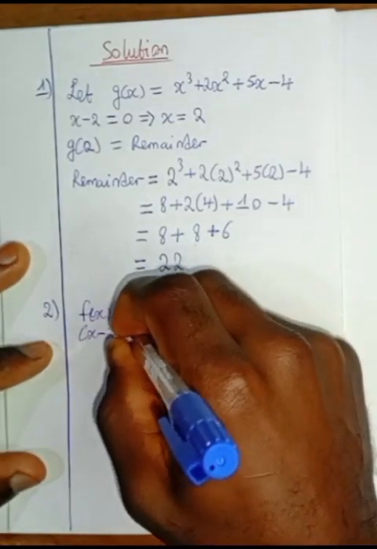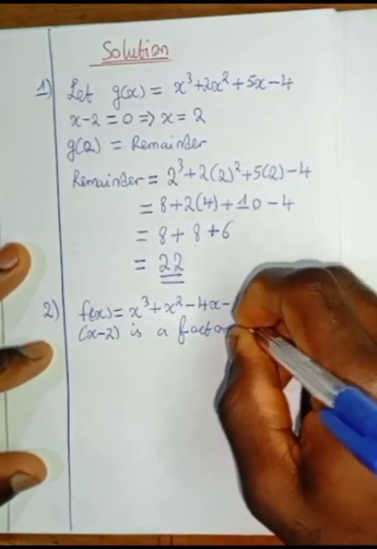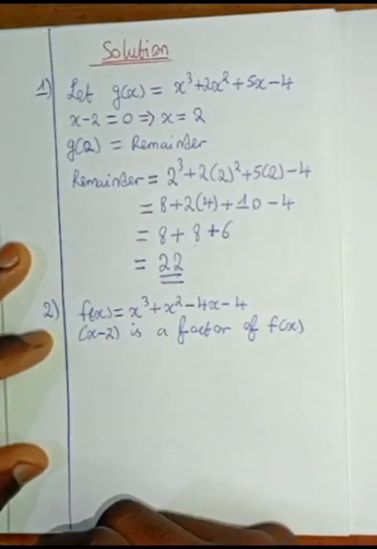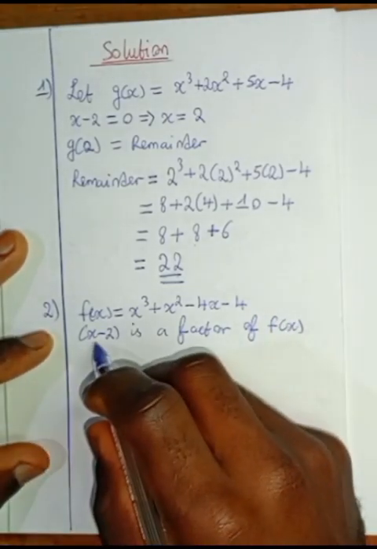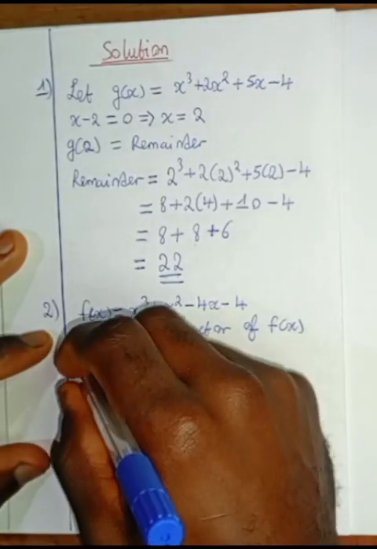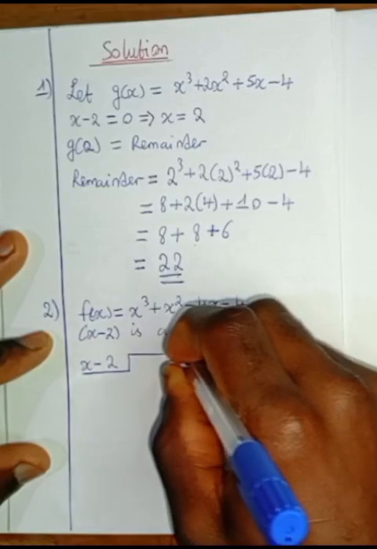X minus 2 is a factor of f of x. It simply means if we divide f of x by x minus 2, the remainder will be 0. We are going to make use of long division to get the quotient.